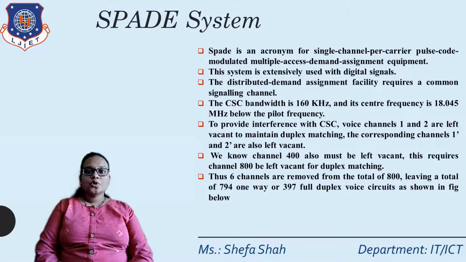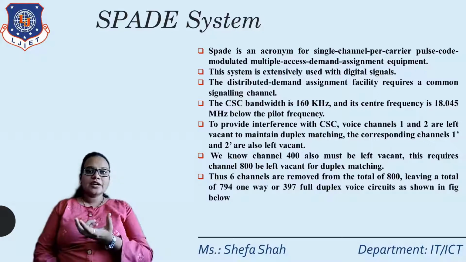Now, to avoid interference with the CSC, voice channels 1 and 2 are left vacant to maintain duplex matching, and the corresponding channels 1 and 2 are also left vacant. We know channel 400 also must be left vacant. This requires channel 800 be left vacant for duplex matching.